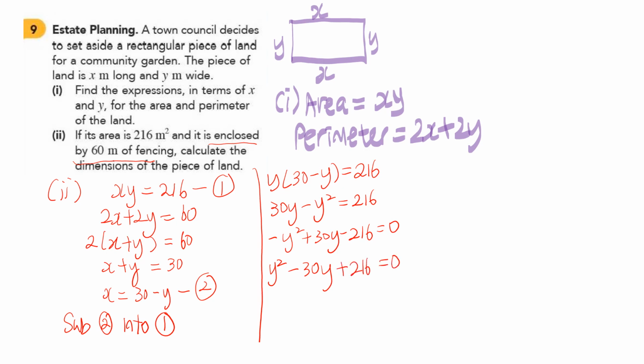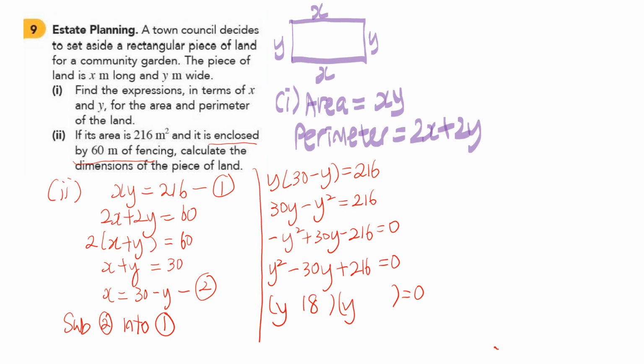You can try to use the quadratic formula, but before you use it, try to factorize first, because this refers to the length of the rectangle, so it should be a whole number. If you use the quadratic formula, sometimes it can be quite time consuming. So what are the possible values? 216, what times what gives you 216?